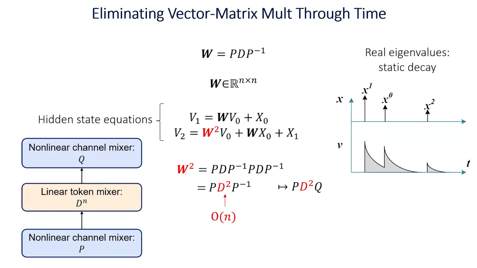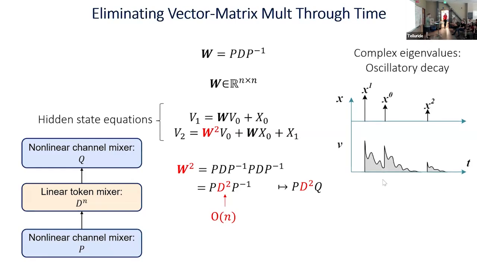Another observation, to go back to your eigenvalues point: if you have real-valued eigenvalues in that B matrix, then you're just going to get static decay. If you instead allow for complex eigenvalues, then your hidden state is going to oscillate. If you do the recurrent equation again and again, your hidden state will go up and down.